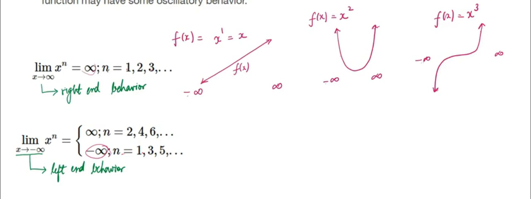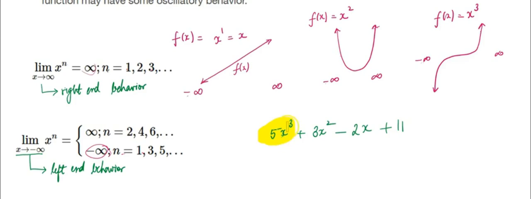Now these are for power functions, and as an extension, these can be used for polynomial functions where you look at the leading coefficient. So for instance, if your polynomial function had 5x cubed plus 3x squared minus 2x plus 11, something like this, even though this is not a power function, it's a polynomial function, you just look at the leading term and the behavior, because this is going to be the dominant term in this polynomial.